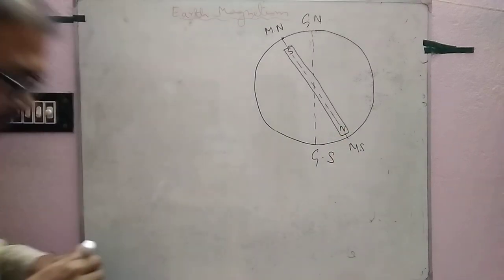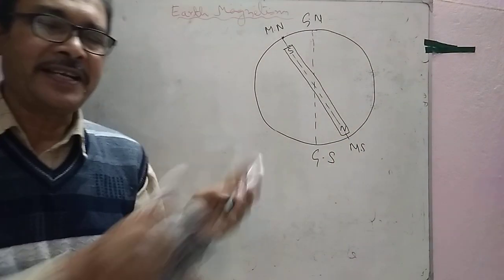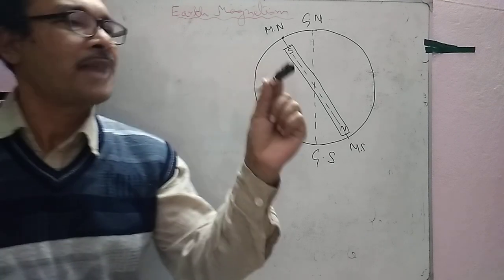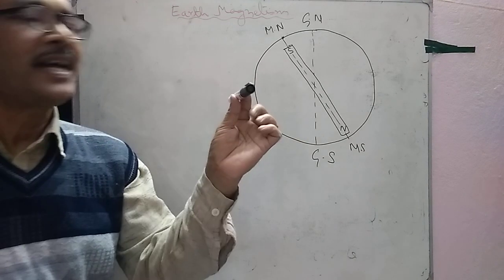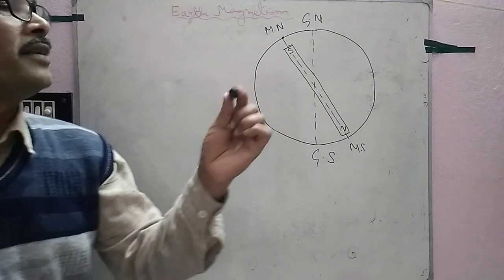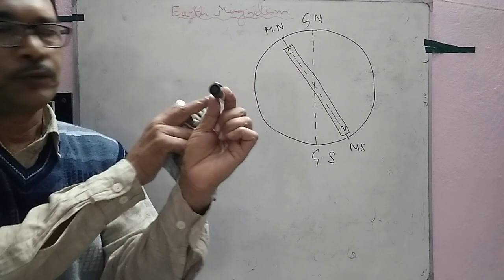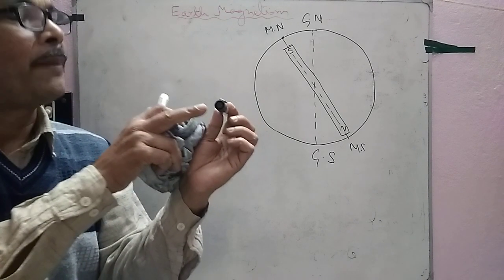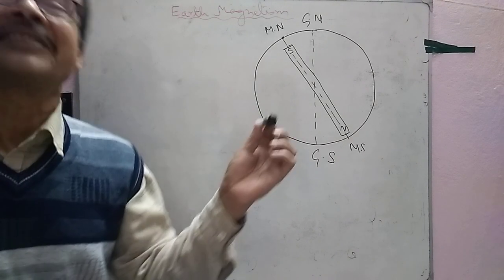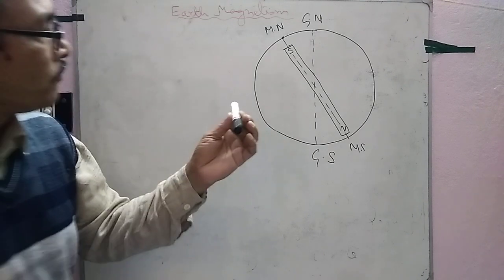Clear? If we suspend a bar magnet from its center of gravity at any place, then its north pole is towards the north direction of earth and its south pole towards the south direction. Why?